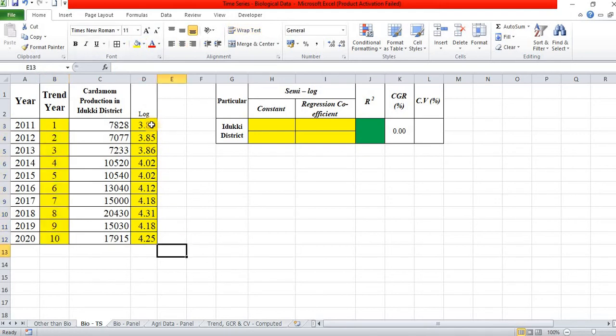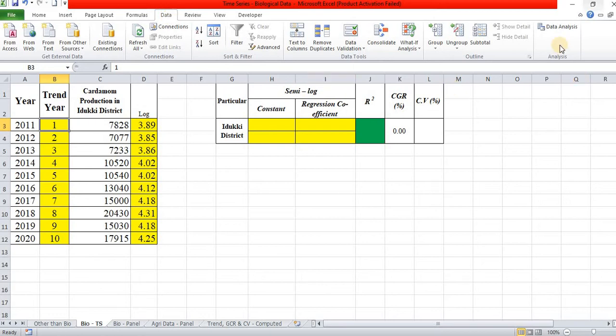So here the log value is the dependent variable and the number of years 1 to 10 is the independent variable. Let us apply with the help of data analysis in Excel. Already explained how to add the data analysis in the previous video. Please check the previous video.